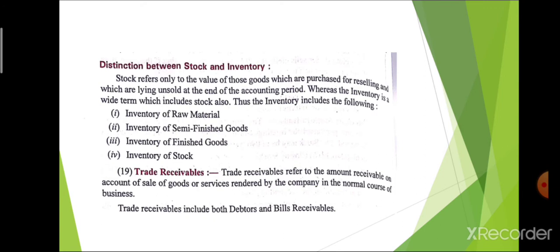Difference between stock and inventory. What is the basic difference between stock and inventory? Stock means the value of those goods which are purchased for resale purpose and which are lying unsold at the end of the accounting period. Whereas inventory is a broader term and stock is one part of inventory, because inventory can be further classified into four parts: inventory of raw material, inventory of semi-finished goods, inventory of finished goods, and inventory of stock.